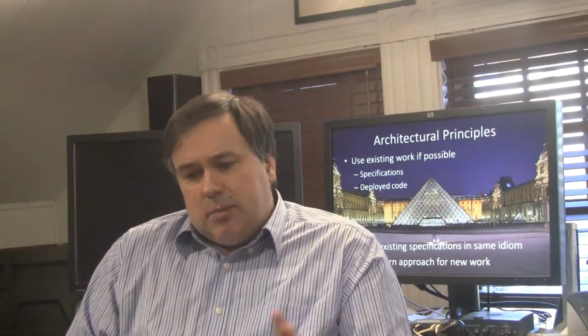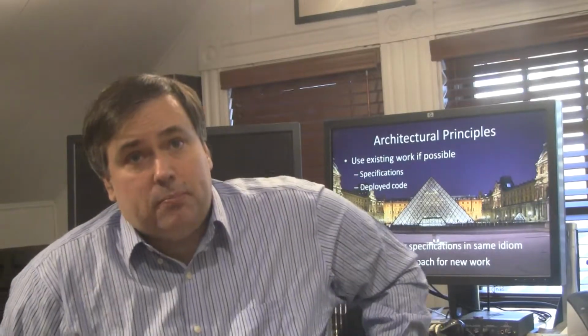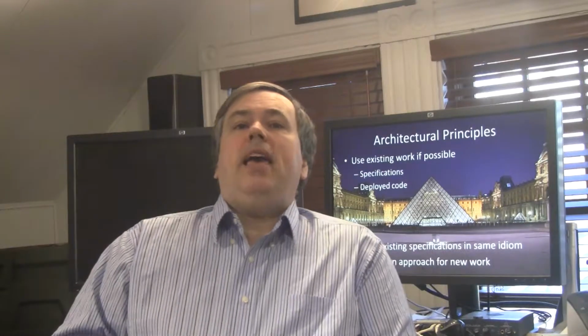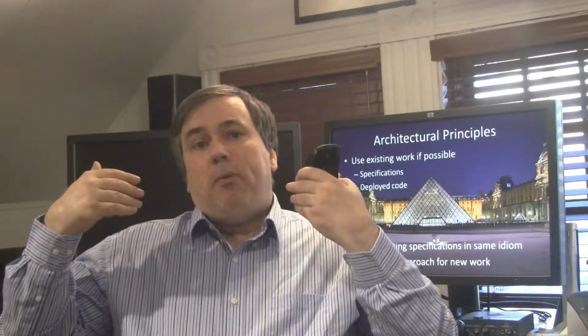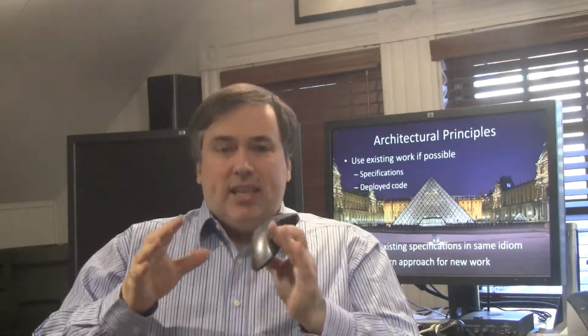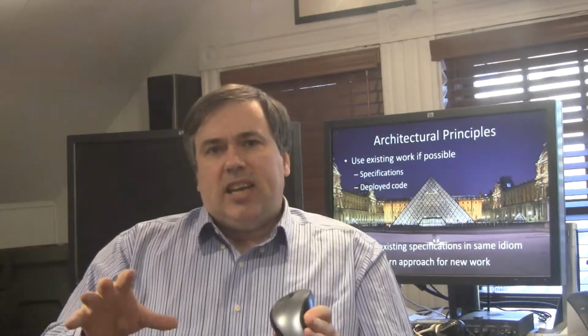In architectural terms, this is called protocol architecture, and it has lots of similarities to traditional architecture. In architectural terms, this is a remodeling job. And just like the remodeling job they did on the Louvre, we want to make use of the existing work wherever possible. We want to make use of existing specifications and existing deployed code, and wherever it's necessary to take an existing specification and add a small amount of functionality, we're going to want to do that in the same idiom.